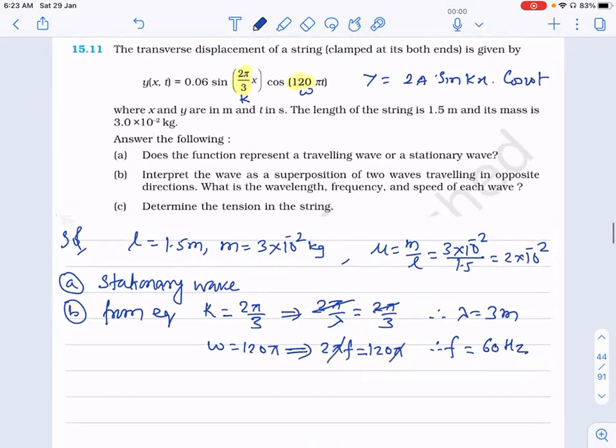Yes, sir. What about the speed? V is equal to wavelength into frequency. So frequency is 60, wavelength is 3, 180 meters. All are in SI unit given earlier, and so we don't have to convert. And determine the tension in the string, C part. How to get the tension in the string?